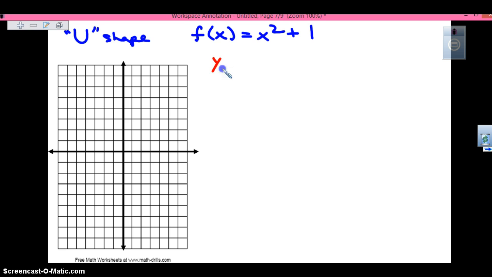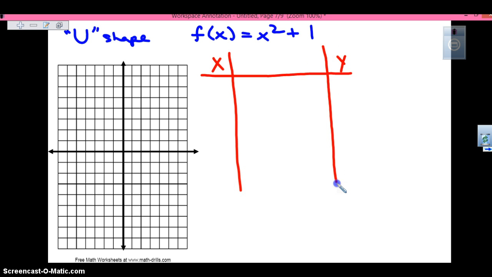So let's start with our table, and because this is a U shape, I recommend we use values like we did with the graph that was a V shape, the one with the absolute values. So we're going to use -2, -1, 0, 1, and 2. We're substituting into f of x, which is equal to y, equals x squared plus 1.